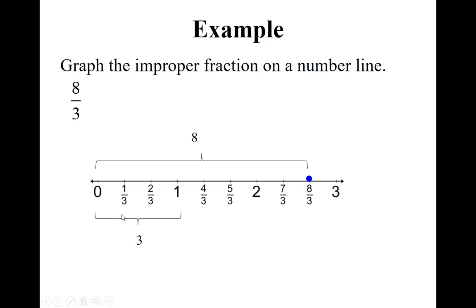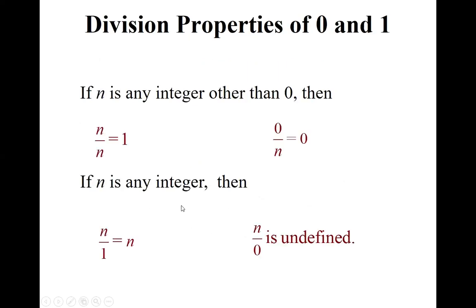Since there was a bit of reducing going on with 3/3 and 0/3, even 6/3 and 9/3, since fractions are division problems, let's review our special division properties of 0 and 1. If n is any integer other than 0, because we can't have 0 on the bottom, we can't divide by 0, n over n, or any number over itself, equals 1.